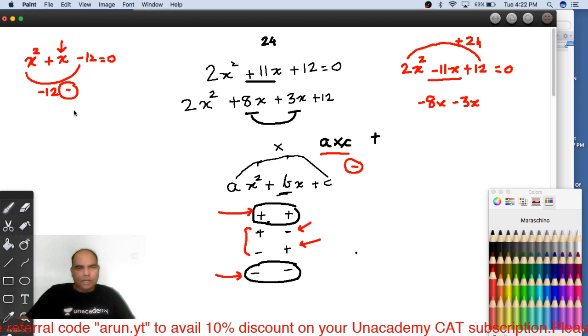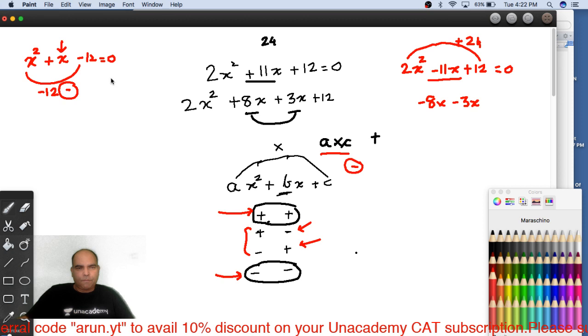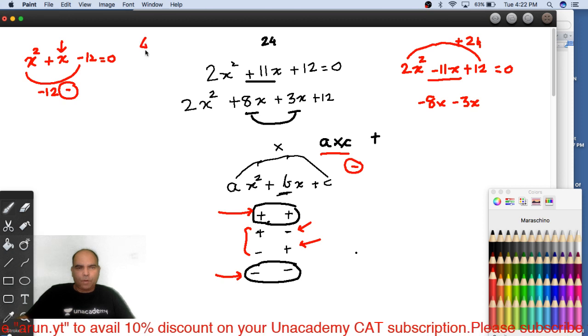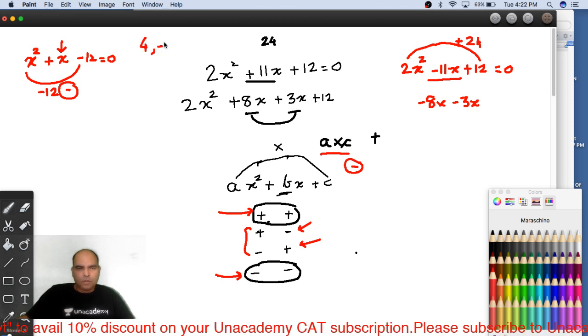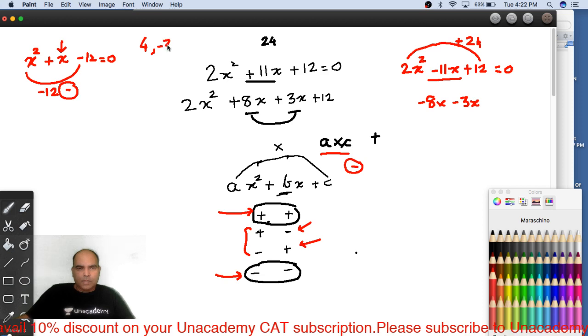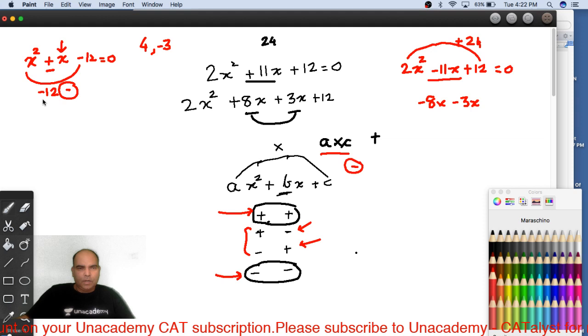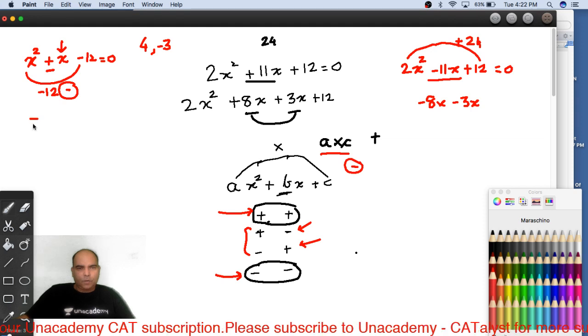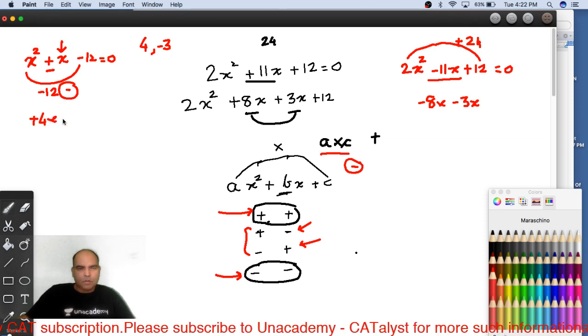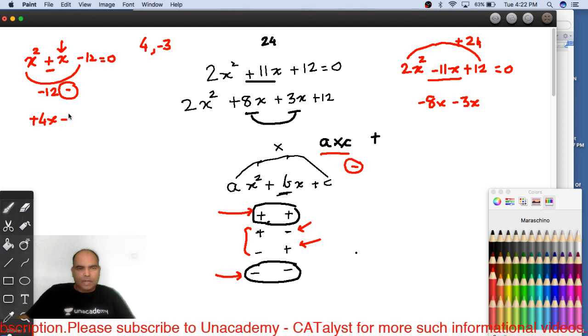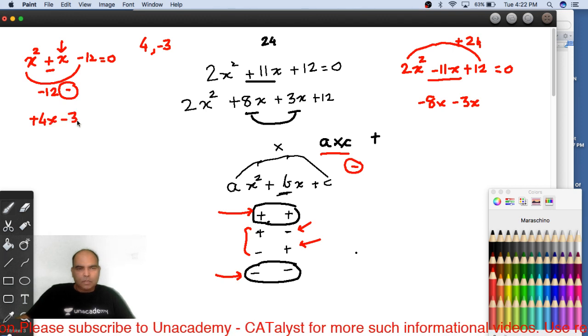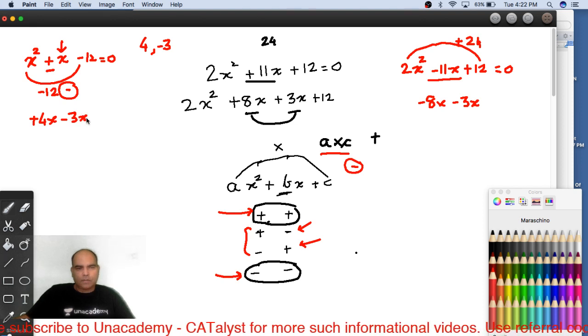And then you see that 12 with a difference of 1 can be used with 4 and minus 3. 4 into minus 3 gives me minus 12. And because this is plus in between, you use the plus 4x and minus 3x as the splitting part. So you have to get better at these splitting reactions so that you can do these questions effortlessly.